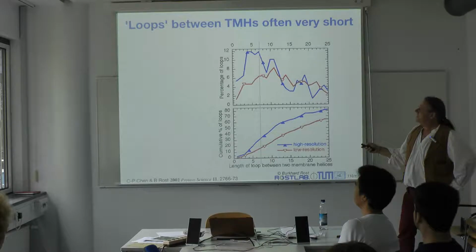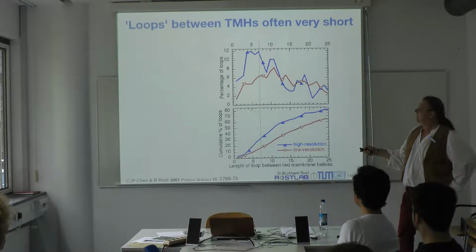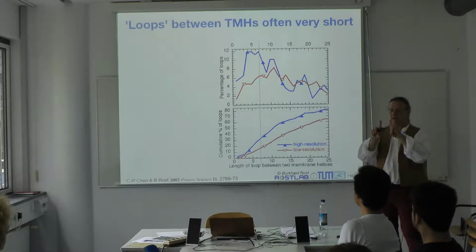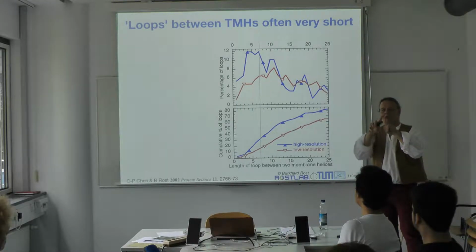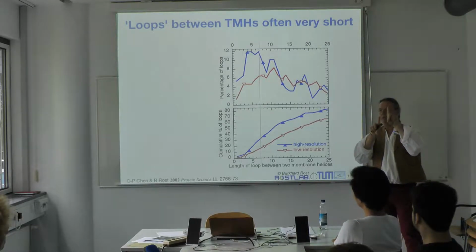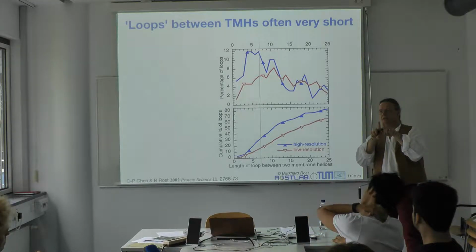So when you observe something like this, here's an actual data point, and the data point is actually one residue, and this is a certain percentage, it's not zero. What's your conclusion from something like this? It cannot be. In fact, I would argue even two cannot be, because you have to have something that really spans between two different helices that orient in different ways, up, down, and you have to connect it. With two residues, you still can hardly do that.